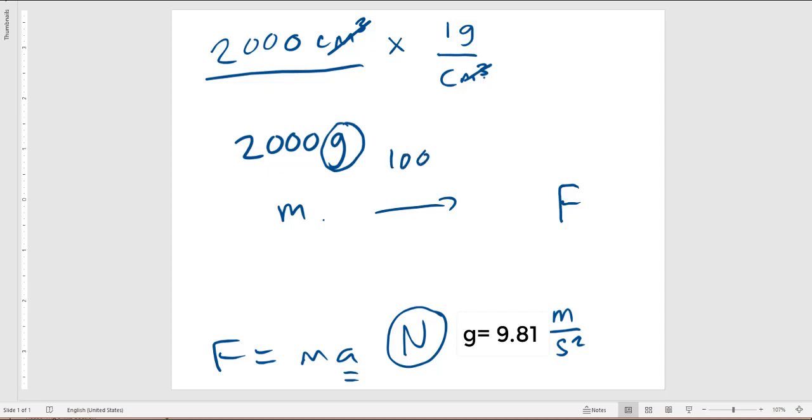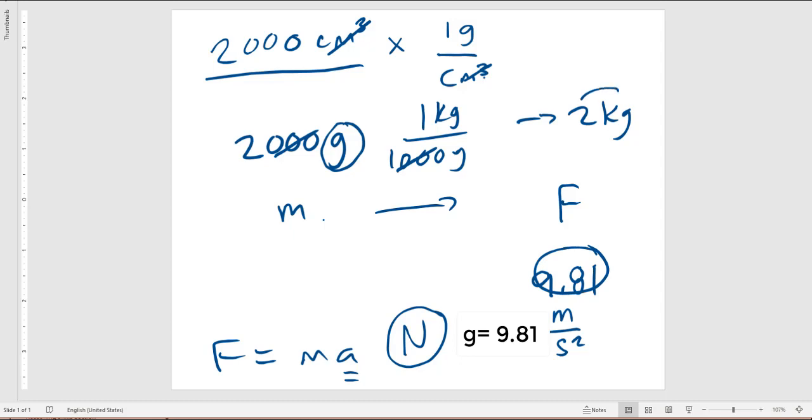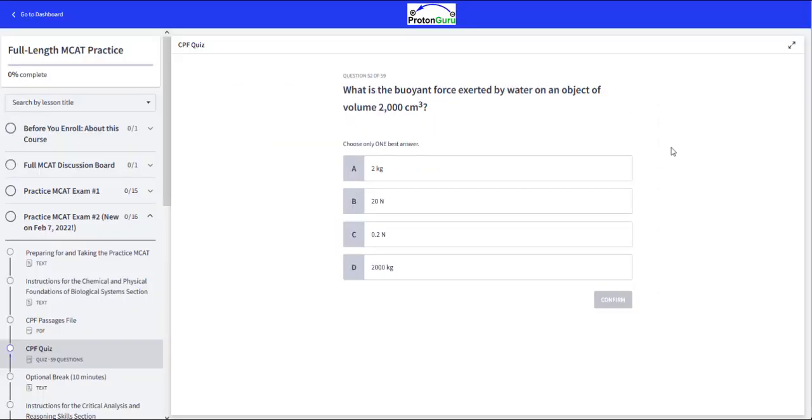There are 1,000 grams in 1 kilogram. Divided by 1,000, I have 2 kilograms of water displaced. 2 kilograms times the gravitational acceleration of 9.81 meters per second squared, is about 10 times 2. So our answer should be about 20. Looking back at our problem, we see that 20 is one of the answers, and that would be the correct answer in this case.